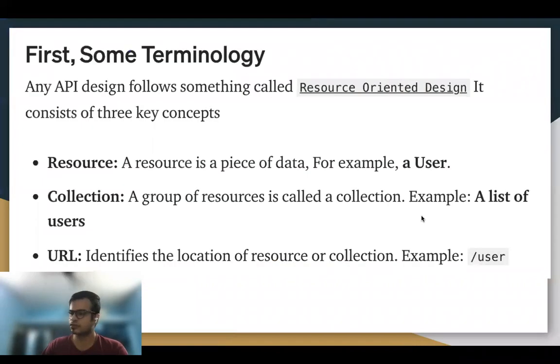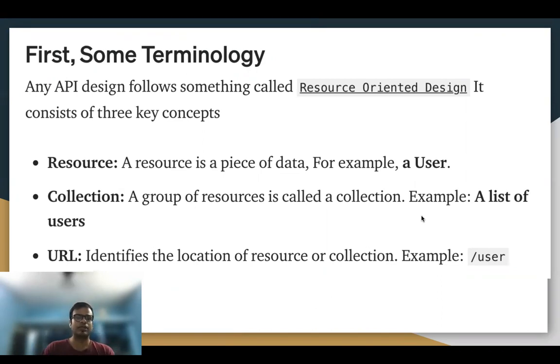Okay. So now let's talk about first what an API is. As we know, it's a resource oriented design sometimes, right? So what is a resource? A resource is the piece of data you will be working upon. For example, a user profile can be a resource, a plan can be a resource, items can be a resource, payment can be a resource.